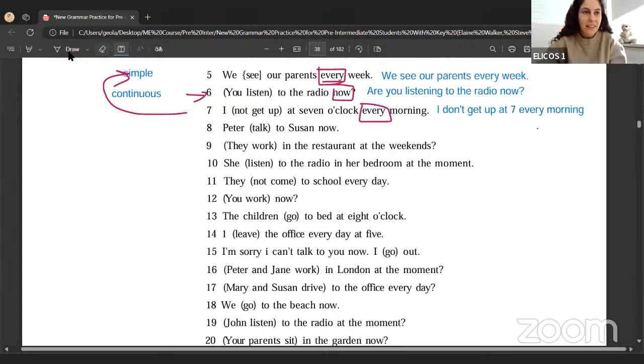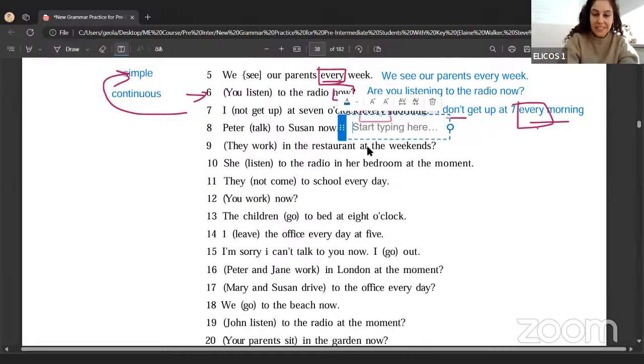Yep, I can see the negative with the don't. And it's a routine every morning. I'm not just talking about now, at the moment. I'm talking about every morning. And Peter for Sarah, number 8. It's got now, exactly. So don't forget the verb to be. Peter is talking to Susan now.